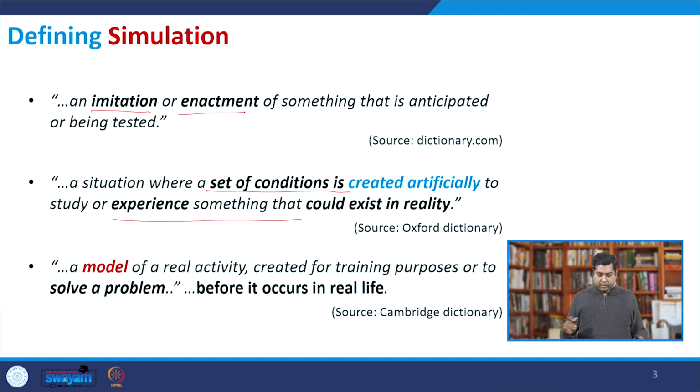Now coming to another dictionary, the Cambridge Dictionary definition: it is a model of a real activity but created for training purposes or to solve a problem before it occurs in real life. So the real life object is one thing, and here you are creating a scenario that looks like the real environment, but it is not.